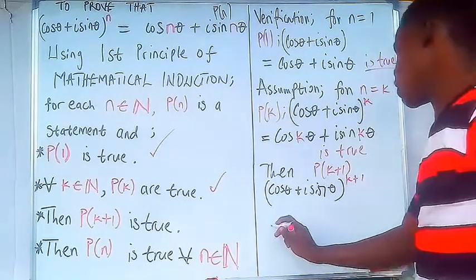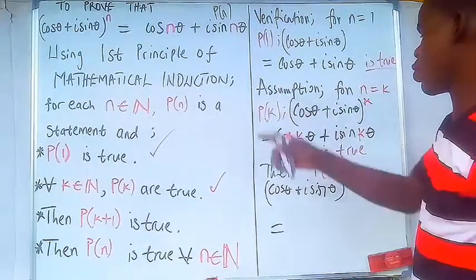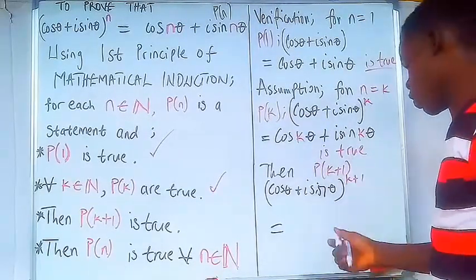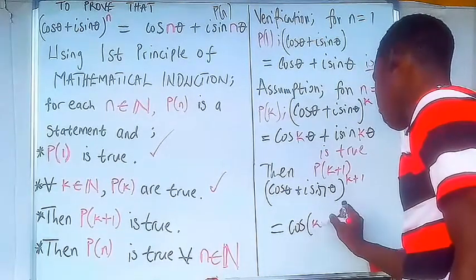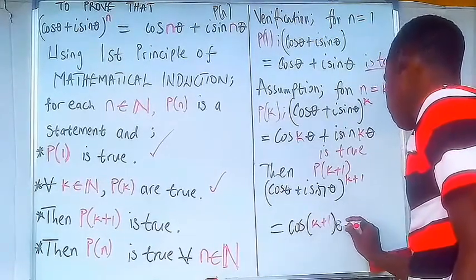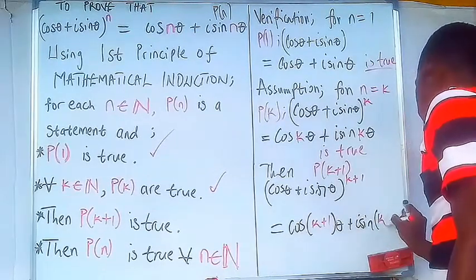We notice this to be equal to the expression where, in place of n, we put k plus 1. So we have cos((k+1)θ) + i sin((k+1)θ).